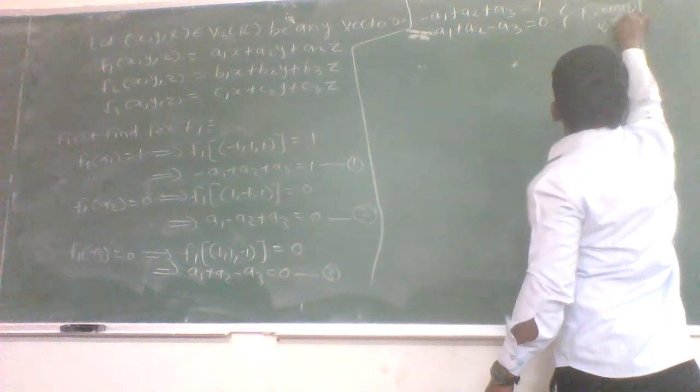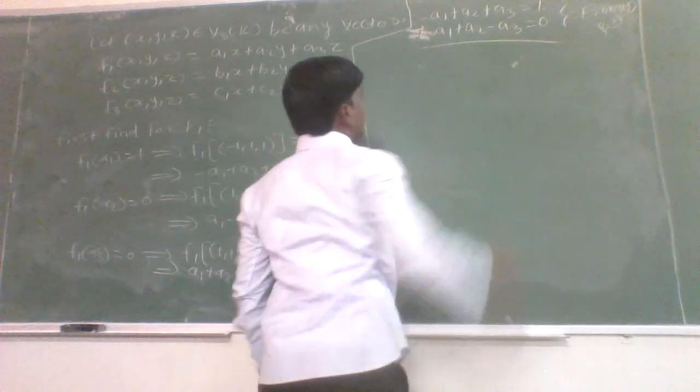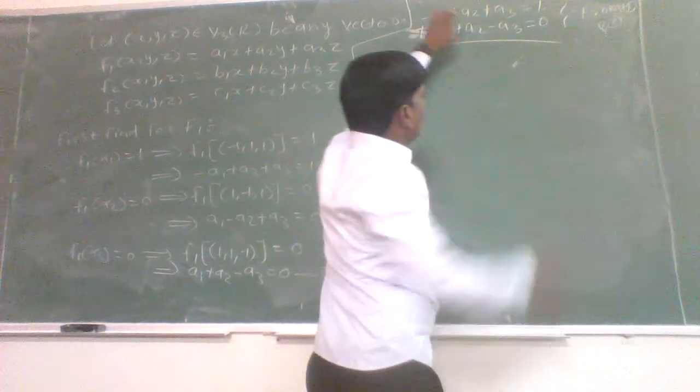Now add these two. By taking the addition, we get minus a1 plus a1 is 0, plus a3 minus a3 is 0, and a2 plus a2 is 2a2.